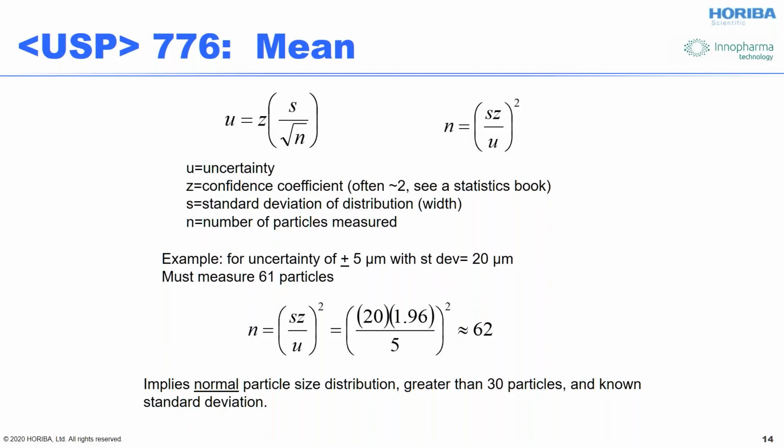This equation really implies that you have a normal particle size distribution, and by normal, I mean Gaussian. You have more than about 30 particles in your measurement, or some of the statistics break down, and that you know the standard deviation as the width. And what I mean by standard deviation is the width of the size distribution. So here you don't know the mean, but you know the width, or you might be able to estimate it to get some numbers to put into this equation.